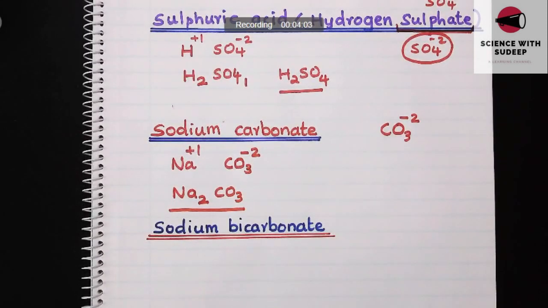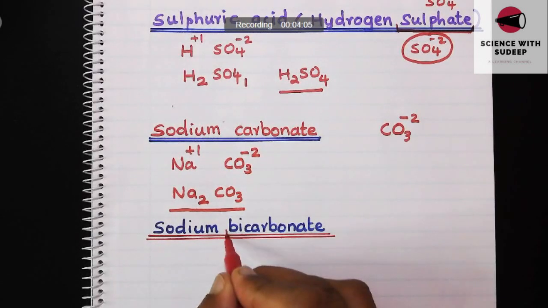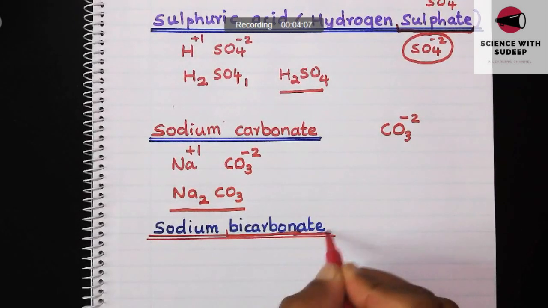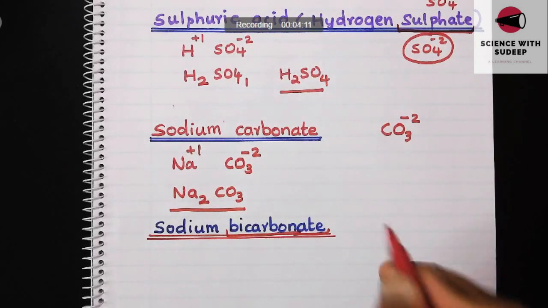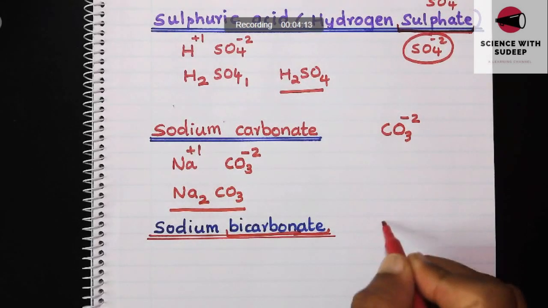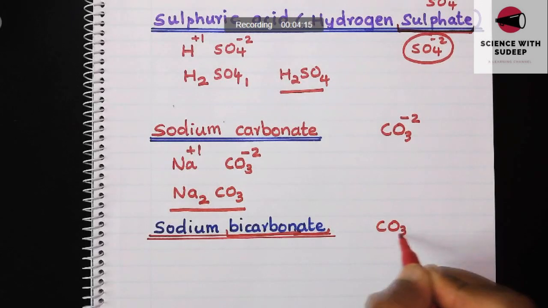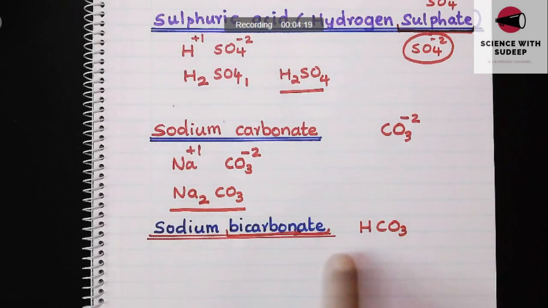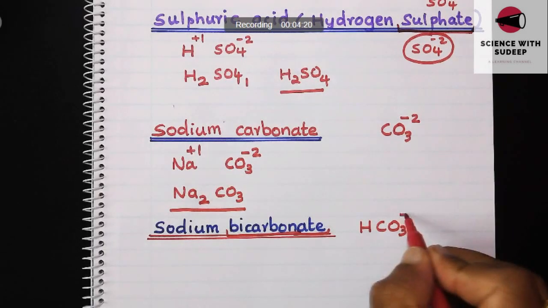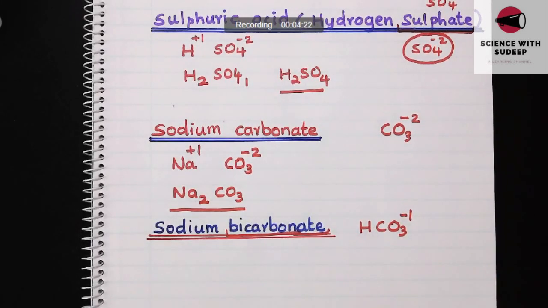Let's check sodium bicarbonate. Bicarbonate is the compound ion. You can write it as HCO3. CO3 is carbonate. You put a hydrogen in front of it. This is bicarbonate. Bicarbonate's valency is -1.